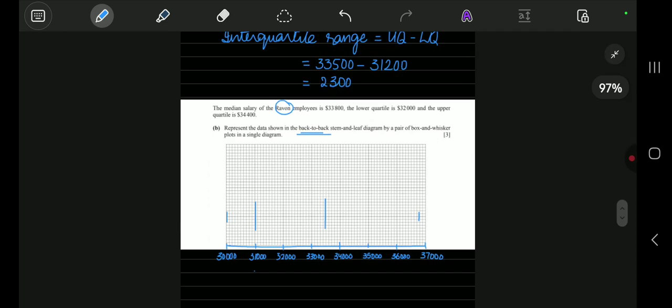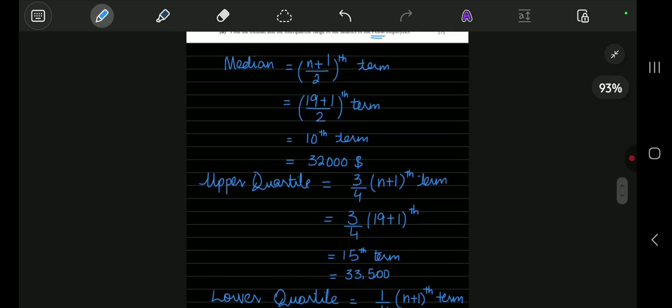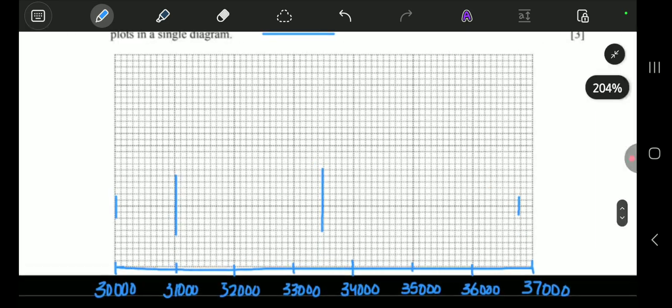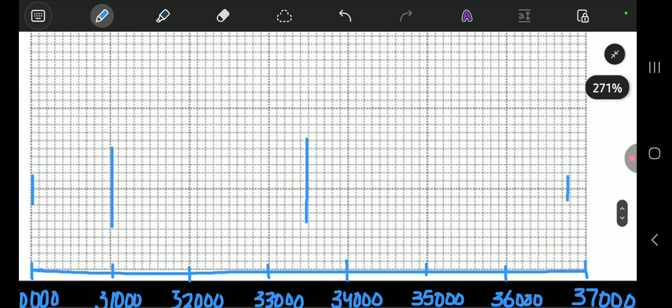Okay, then we have the median. What is the median for Petrol? Median is 32,000. So this is your median.